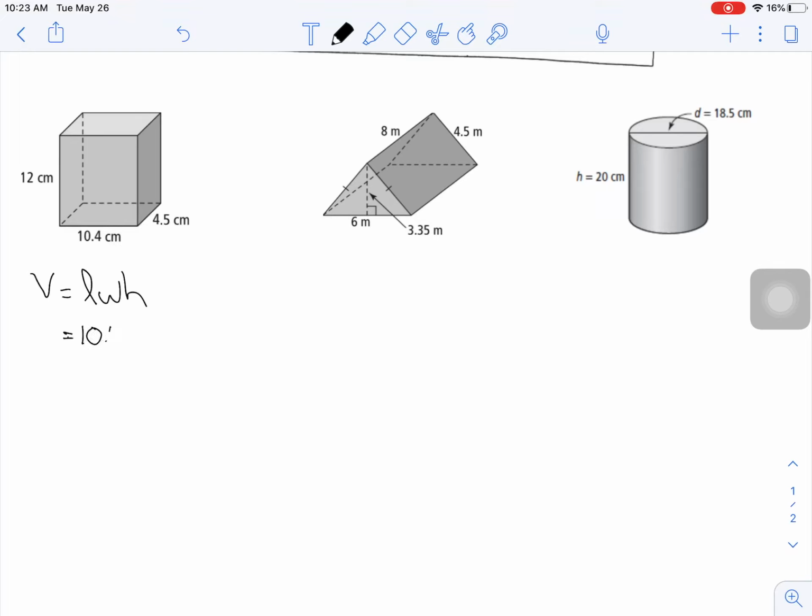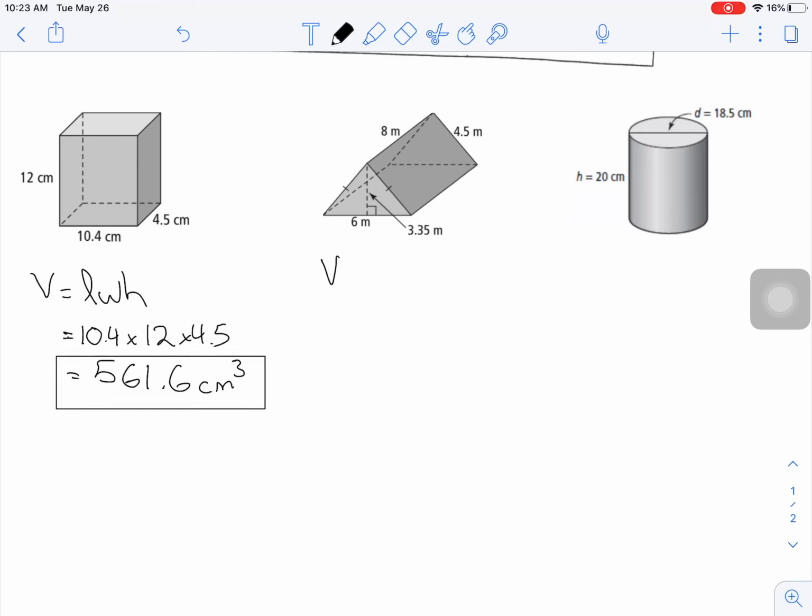So this is just 10.4 times 12 times 4.5, which is equal to, got to get my calculator out, 561.6 centimeters cubed, because we're in 3 dimensions now, so our units are cubed.